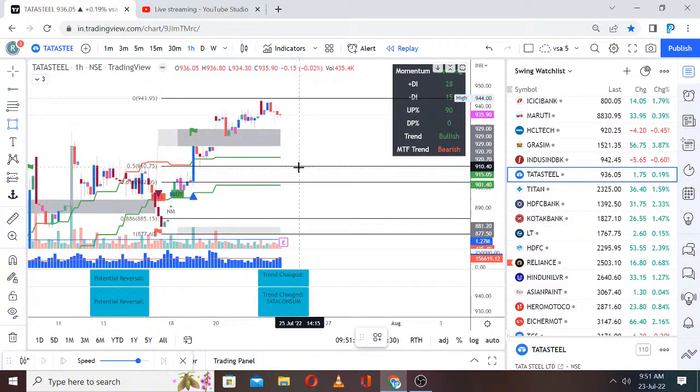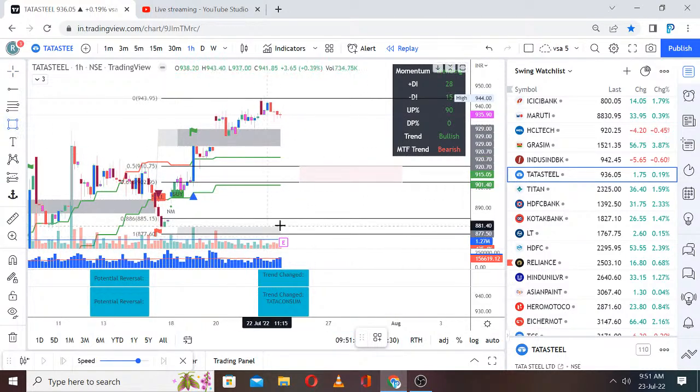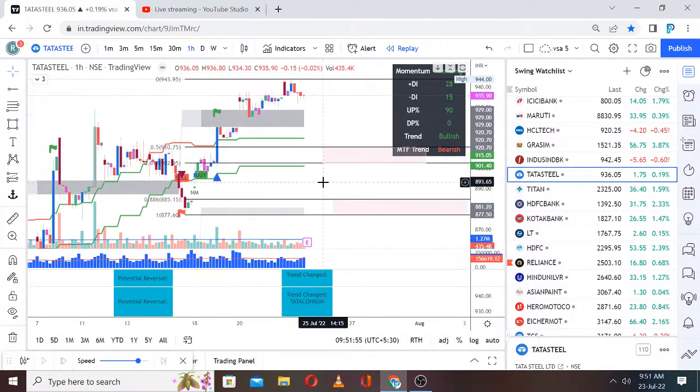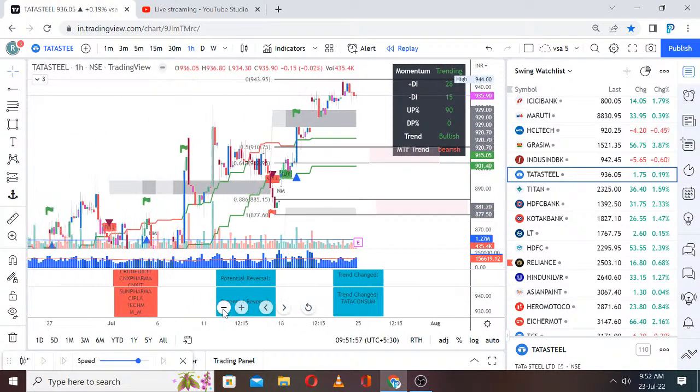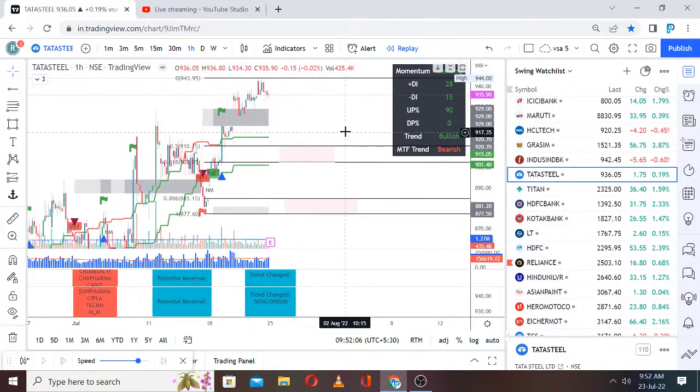So this is the fifth zone. So we are waiting for market to come here to take an entry. Entry will be same like the intraday. Exit will be different. Exit obviously book near the highs.